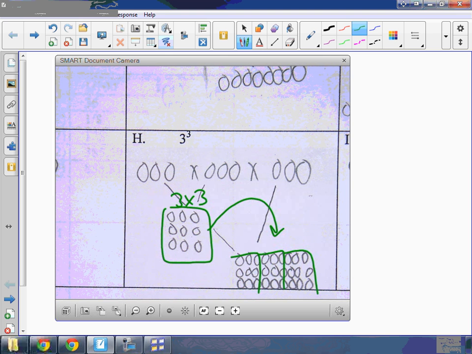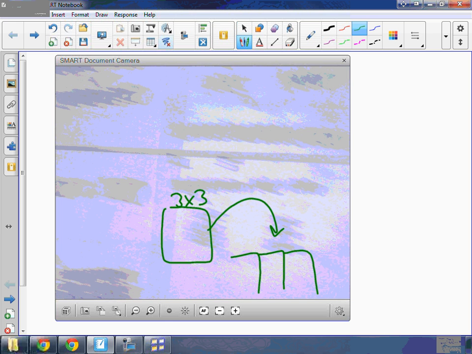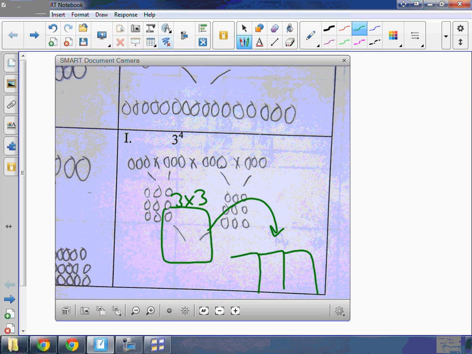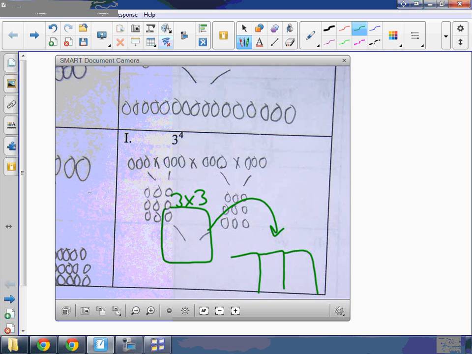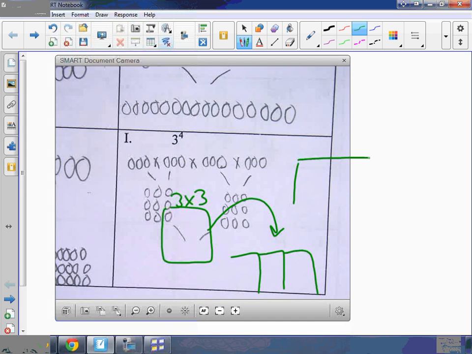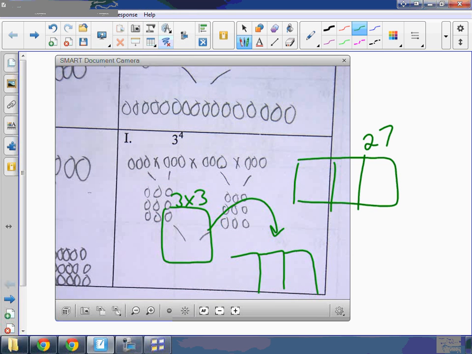Are you wondering why on earth we're doing this? Okay, just hang on. We're not quite finished with it, but what is this picture going to look like if she were to continue? So here was my 27. What am I going to do to my 27 to get 3 to the fourth, which is 81? Triple this picture.